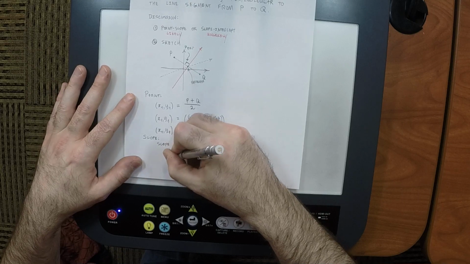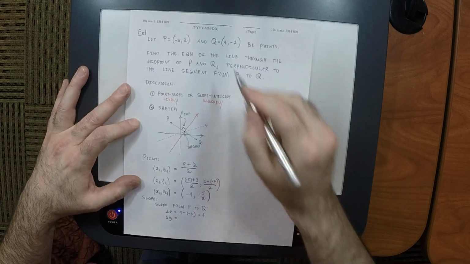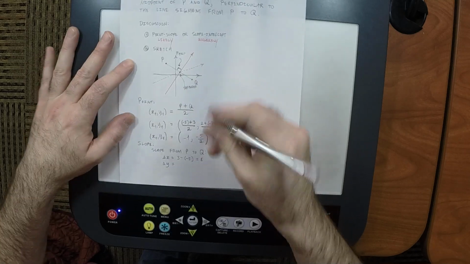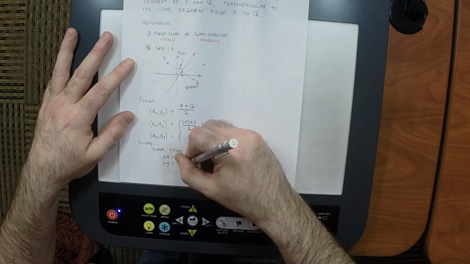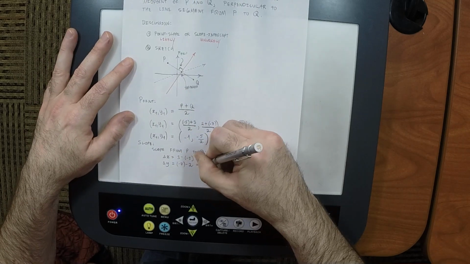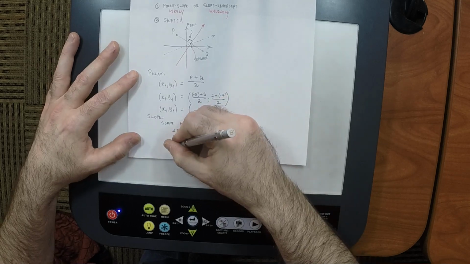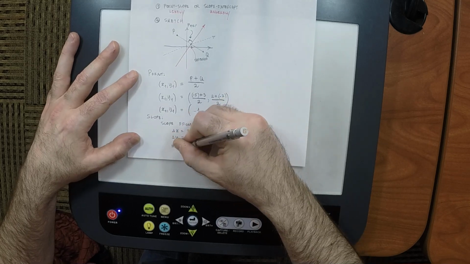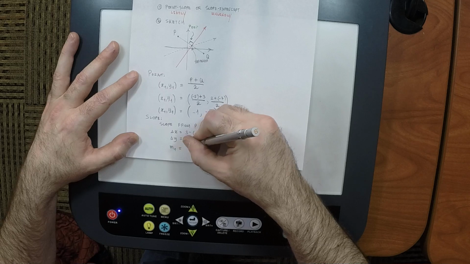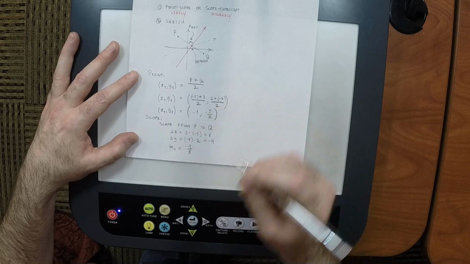And delta y would be -7 minus 2, which is negative 9. And so the slope from P to Q is negative 9 over 8.